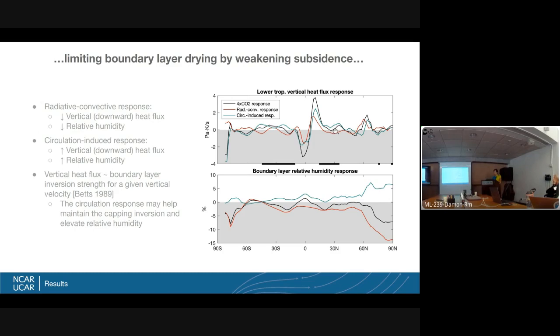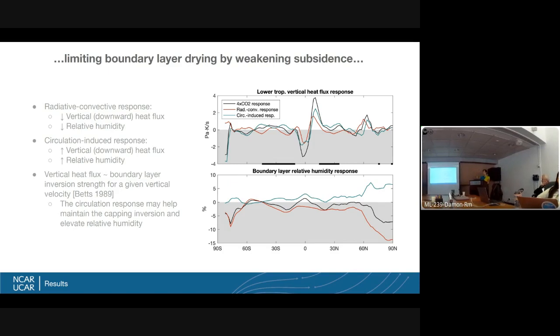The total is sort of a near zero change. The effect of RCE is to basically weaken the heat flux, which I think is basically wiping out the capping inversion. So you can imagine that even though we're restricting W, the background temperature in the atmosphere is warming, and I think the background gradient is sort of reducing in this region.